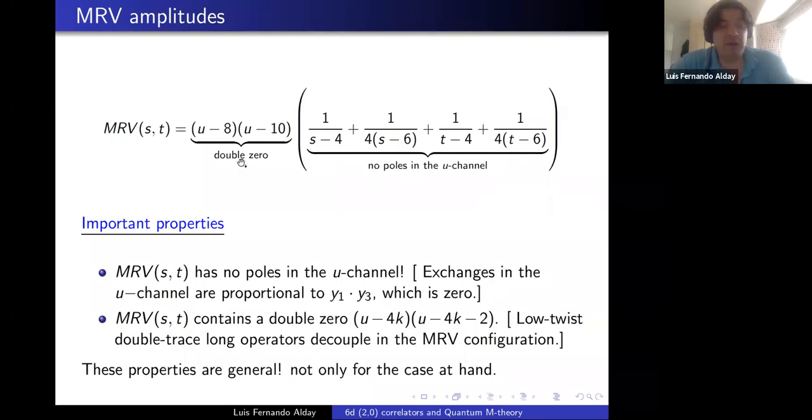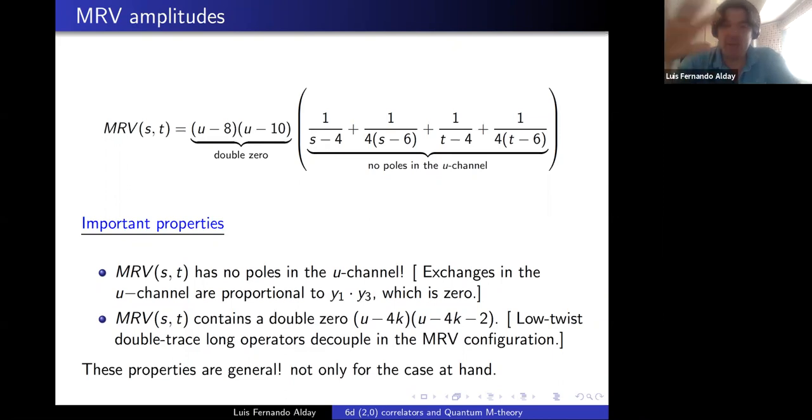Another surprise is that this contains a double zero in U, given here, and this can be understood as the fact that certain low twist double trace long operators decouple in this MRV configuration. And what is nice is that these properties are general. It's not only for the case at hand.